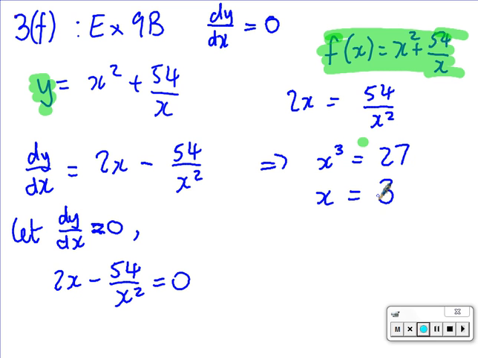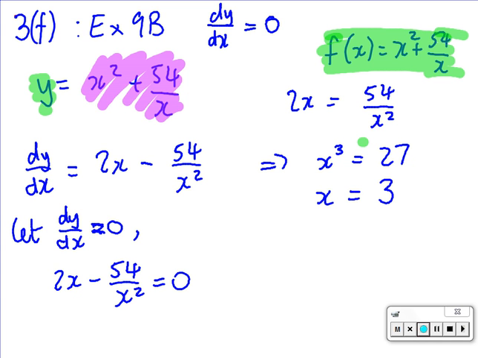We haven't quite done all our job though, because it wants the coordinates of the maximum or minimum point, and it wants to know whether it is a maximum or a minimum. So at the moment we've just found the x coordinate. Now you've done this before. We know how to find a y coordinate. We use our original function, the y one up here, and we put in our x value, and it should give us a y value.